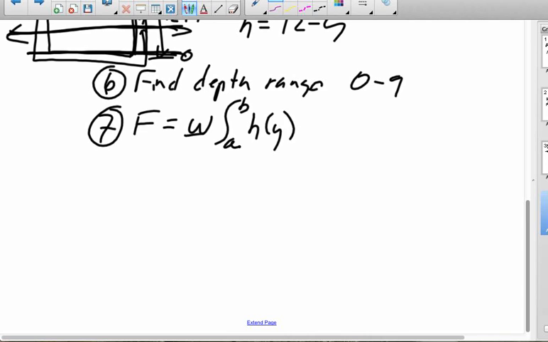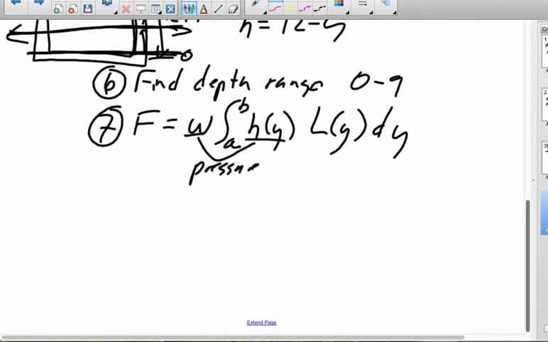All right, and W times this gives me pressure, times my area, which is my length of y, times dy. And this is my area. And then when you integrate across the whole thing, you end up with your answer.